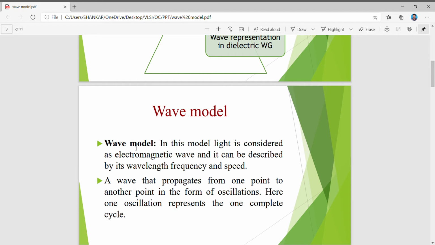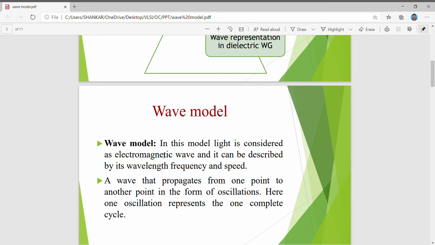So, in this model, the light travels in the form of electromagnetic waves. That means we have the electromagnetic spectrum, and those electromagnetic waves are transmitted in the form of a light signal.